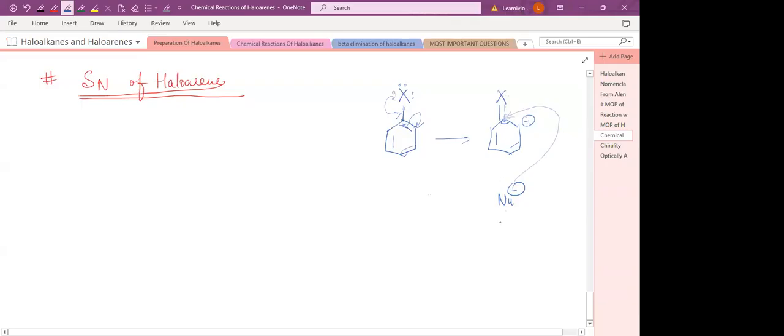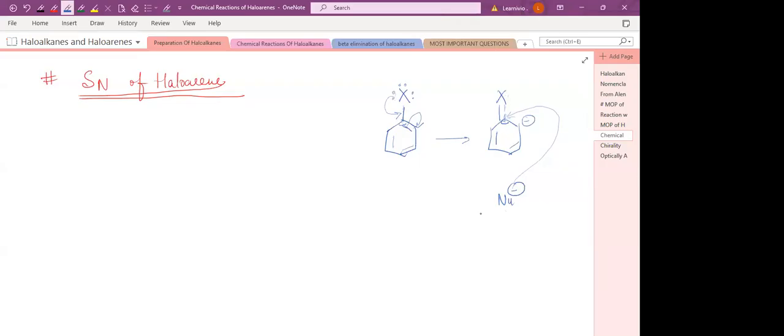So at normal room temperature, it is not possible for a haloarene to undergo nucleophilic substitution reaction. It is only possible under drastic conditions, like high temperature and high pressure.